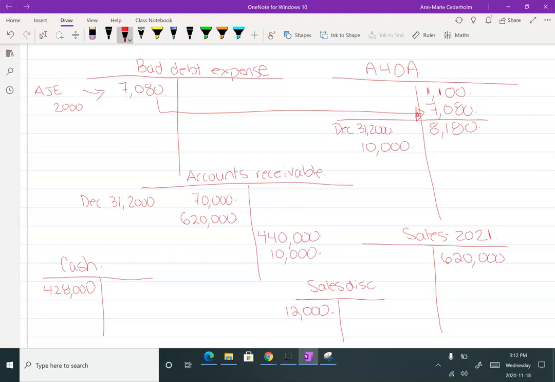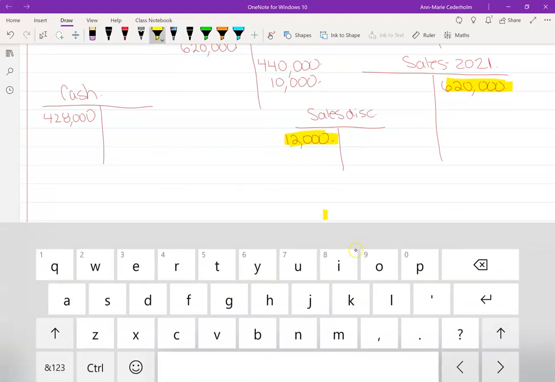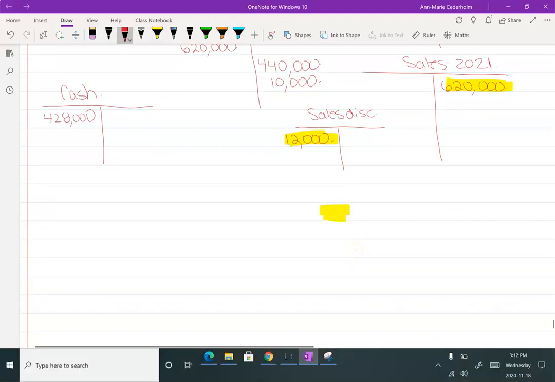So when I'm looking to do the bad debt expense, so this one was for $2,000. We're going to look at doing the bad debt expense for 2021. All we're going to do is take our sales and minus our sales discounts. So let's just see what that ends up being.